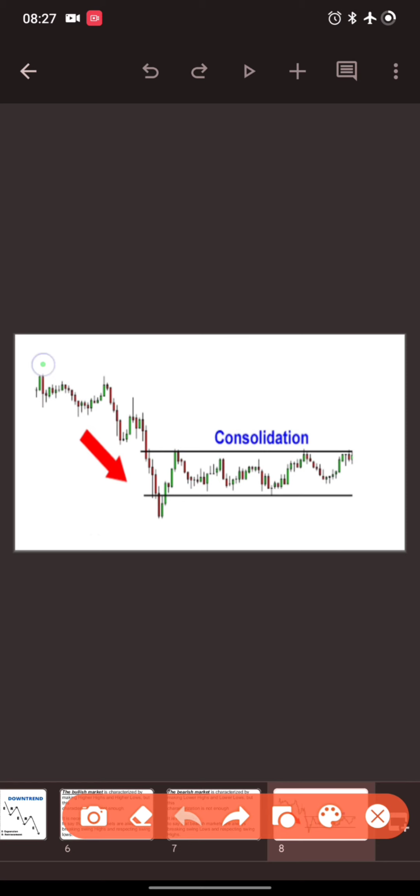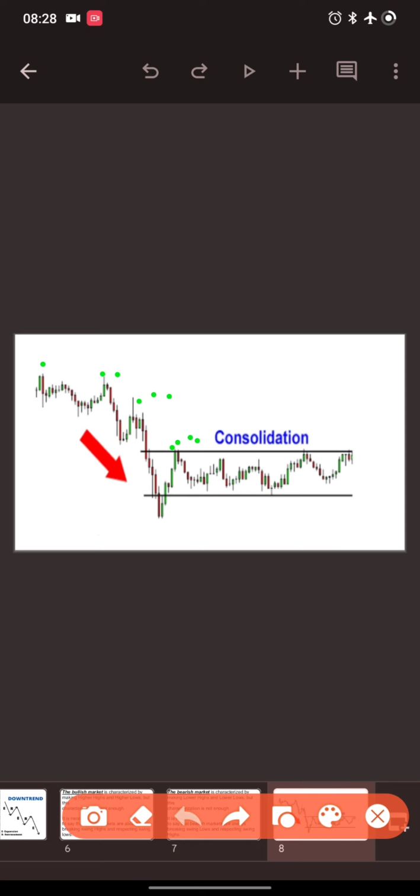This is a high here formed. This is a high. This is a high. Like what I told you before, this first high now is higher than this second high. Let me dot it 2 times so you know it's a second high. Then this is a third high, and this is a fourth high. If you are noticing what is on this chart now, you will notice that the first dotted high is higher than the second dotted high.